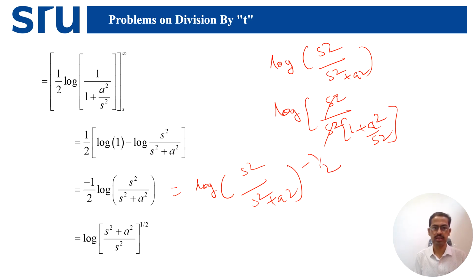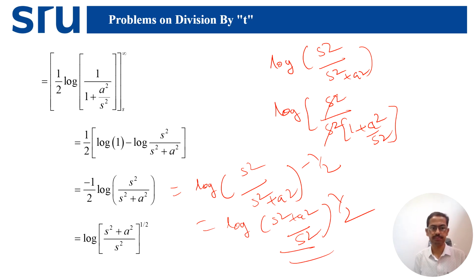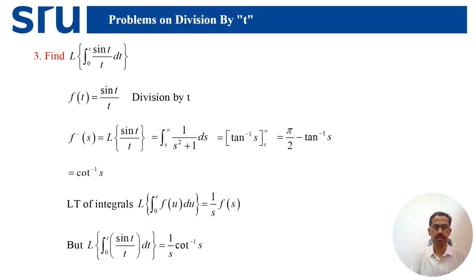Just replace this: log of s square plus a square by s square, this is plus 1 by 2. That's about the division by t problem. And if you see one more problem also, this one.